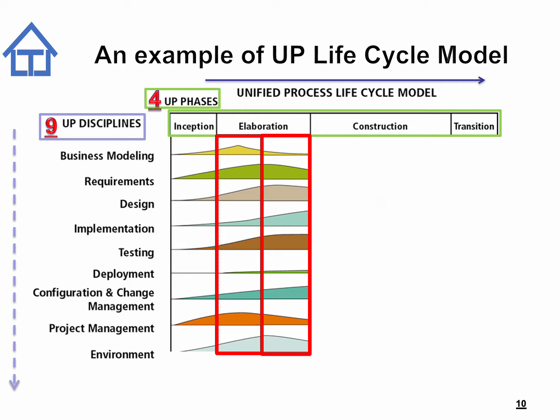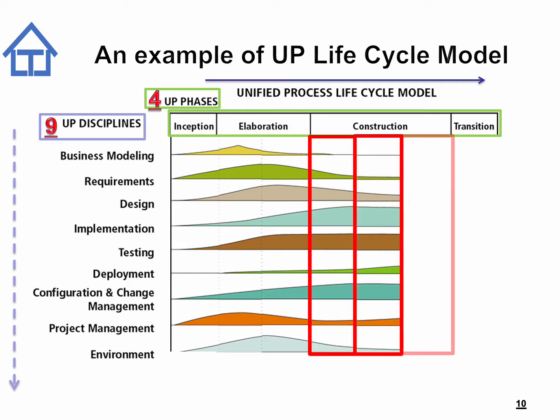After the elaboration phase, the project moves into the construction phase. The construction phase of this project was divided into 3 iterations. Once again, in each of these iterations, all the tasks in the 9 disciplines were undertaken.